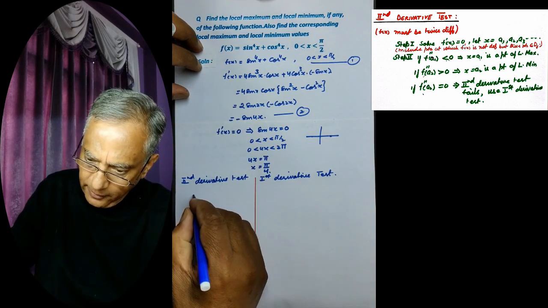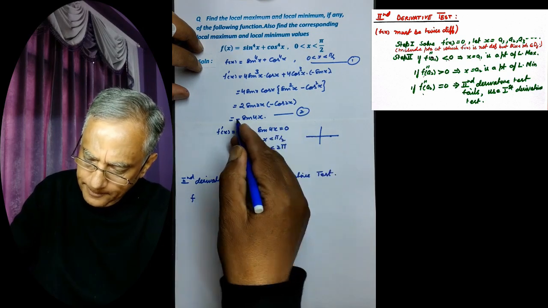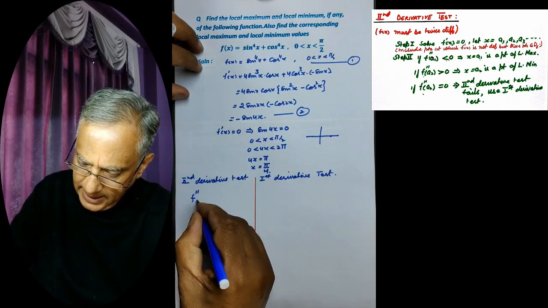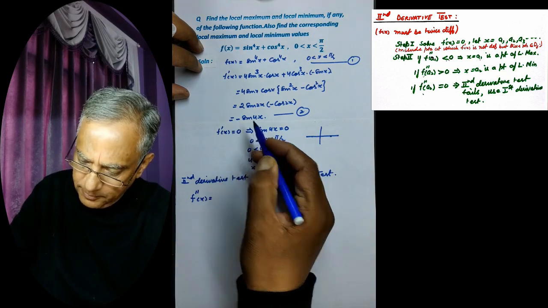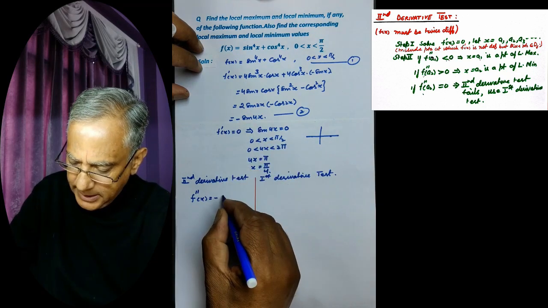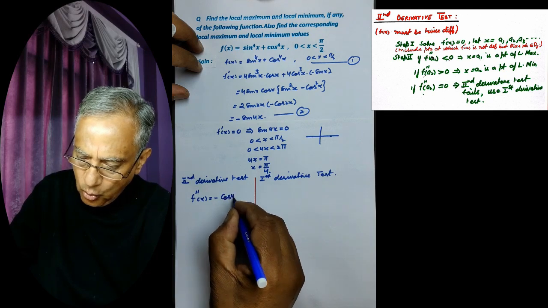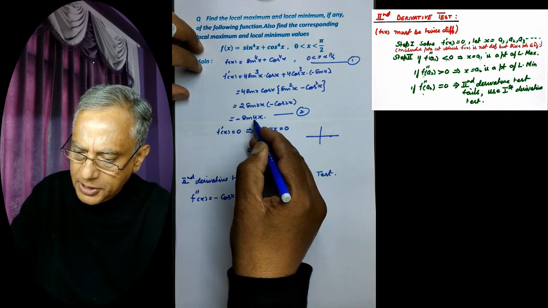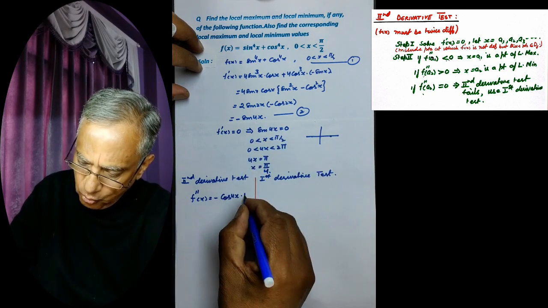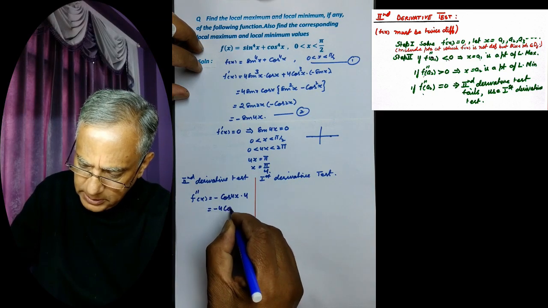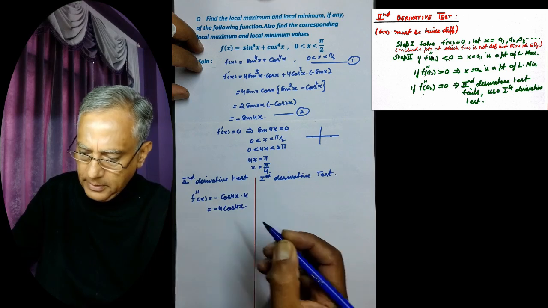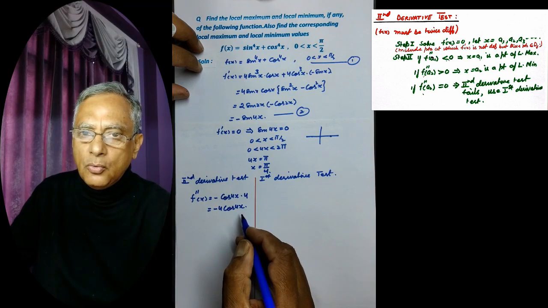So f double dash x is equal to the differential of minus sin 4x, which will be minus the differential of sin, that is cos 4x, and the differential of the inner function 4x is 4. So we have minus 4 cos 4x.